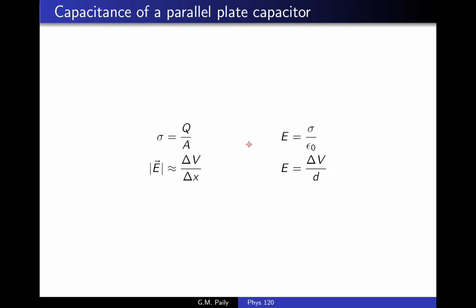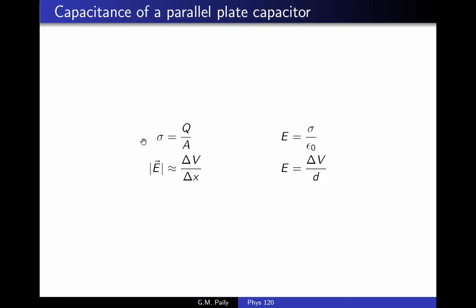We can use what we've learned before about electric fields and potential to figure out the capacitance for a parallel plate capacitor. So, for example, we know that on one of the plates, if you have a charge Q spread uniformly over an area A, then we can talk about the surface charge density, sigma.